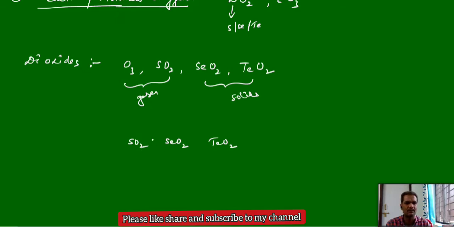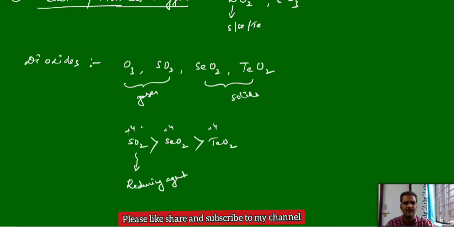Oxide acidic strength decreases top to bottom. So sulfur dioxide is more acidic in nature than selenium and tellurium dioxides. Also, sulfur is in the plus 4 oxidation state, and these are also in plus 4. Sulfur dioxide can act as a reducing agent. Preferably it is a reducing agent.